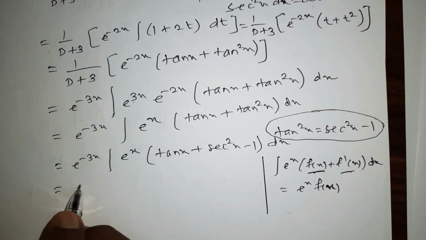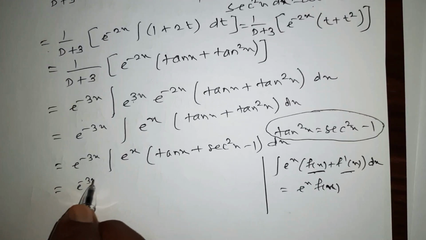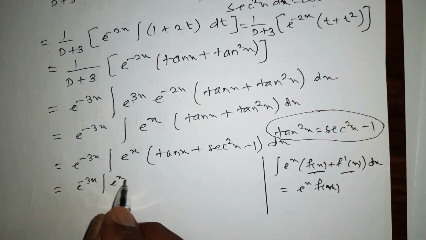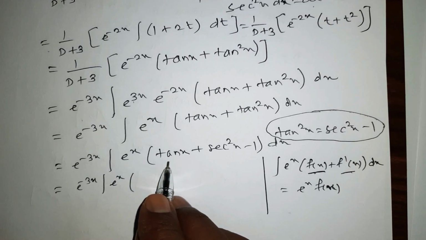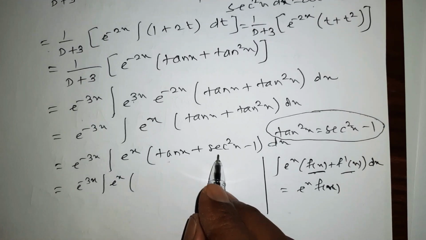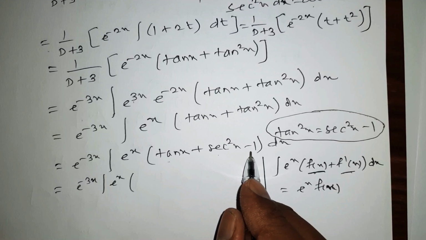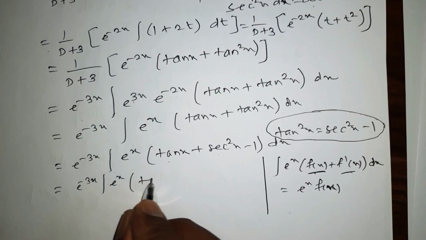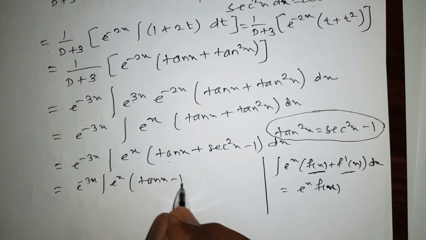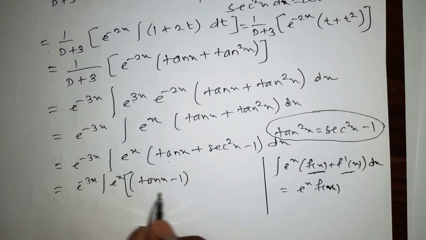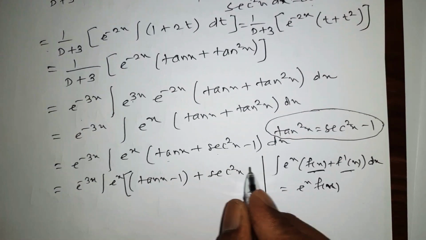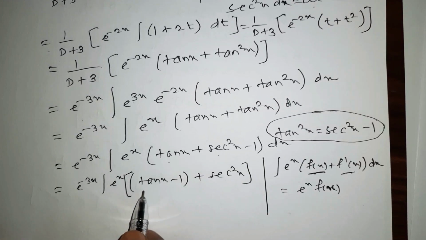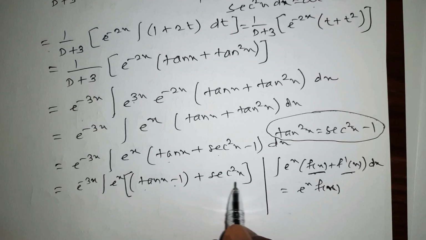Now here e raised to minus 3x integration of e raised to x in bracket tan x. What is the derivative of tan x? Secant square x. So it is there. What is the derivative of minus 1? 0. So tan x minus 1 I take in one bracket, and secant square x is the separate term. What is the derivative of tan x minus 1? It is secant square x.